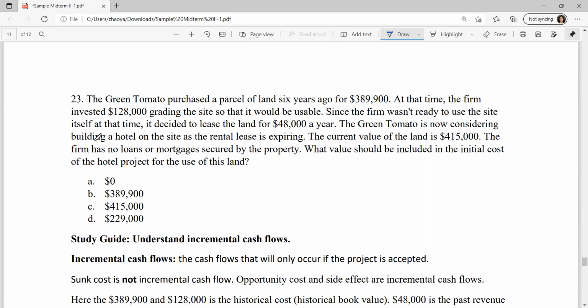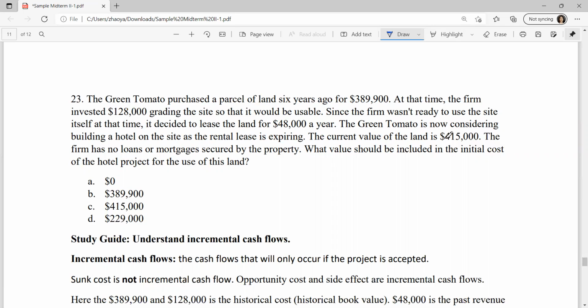Question 23. The Green Tomato purchased parcels of land 6 years ago. At that time, the firm invested 128,000 grading the site so that it would be usable. Since the firm wasn't ready to use the site itself, it decided to lease the land for $48,000 per year. The Green Tomato is now considering building a hotel on the site as the rental lease is expiring.